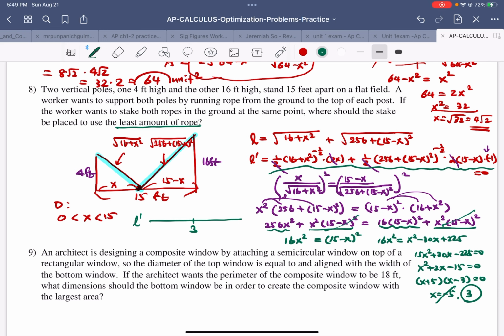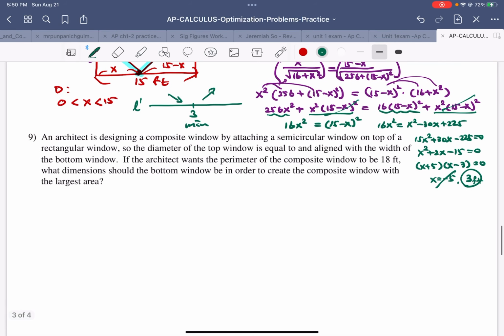So then you can just pick a number before and after, and then you will see that it's going down, going up, right? So to find the minimum, that's the justification, and your dimension is 30 feet from the 4 feet pole. Okay, that's your final answer.